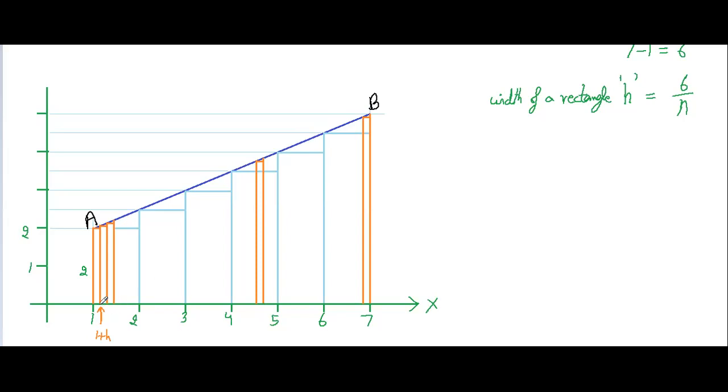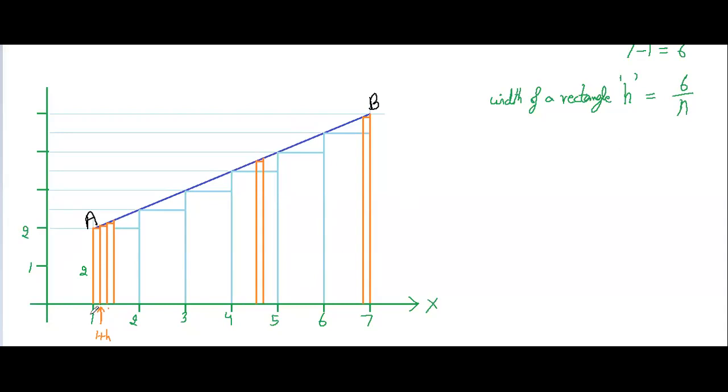This point is representing the number 1 plus h, just as the previous point represents the number 1. See, I have taken the width of each rectangle equal to h. I am denoting that by h, which is equal to the total width 6 divided by n. So I am simply denoting the width by h, whose value is 6 by n, where n is the number of parts I am making.